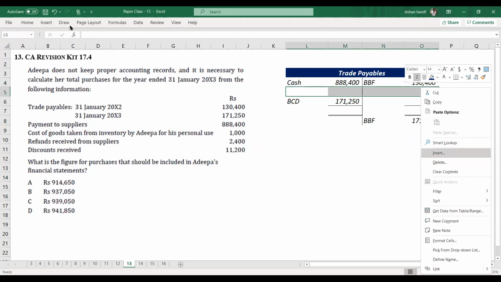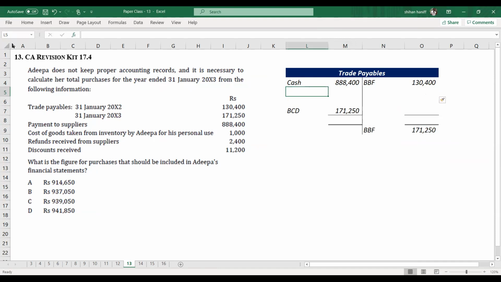Then what do we have? We took the opening balance, closing balance, payment to suppliers, so this doesn't come to the trade payables account.